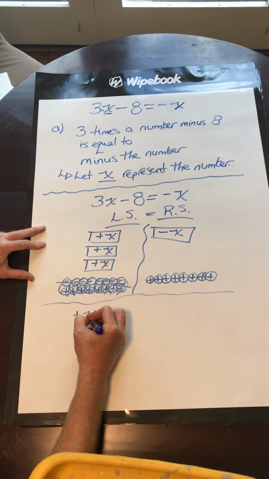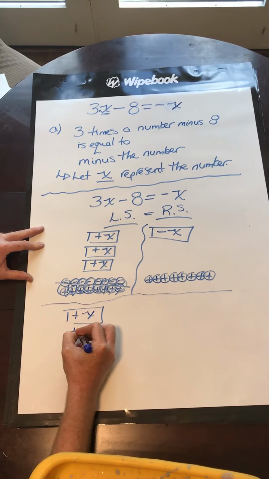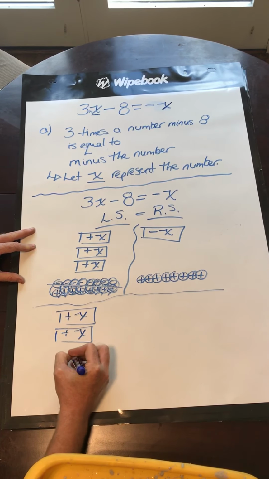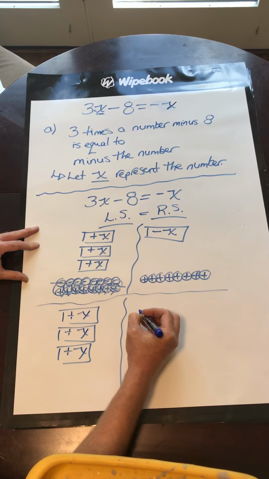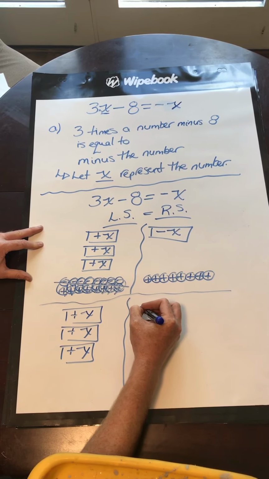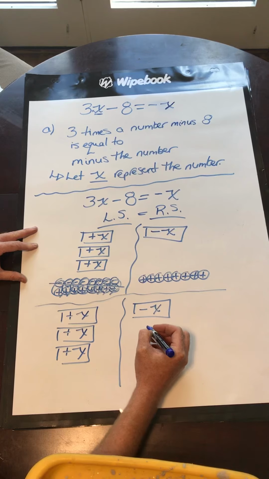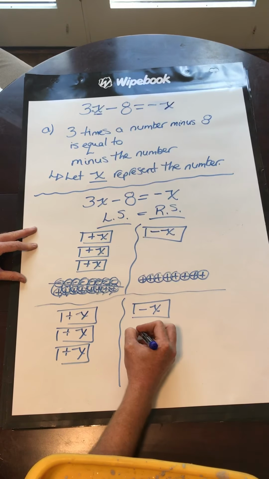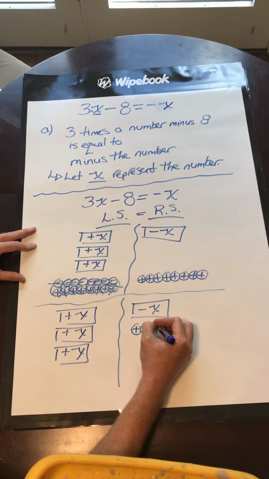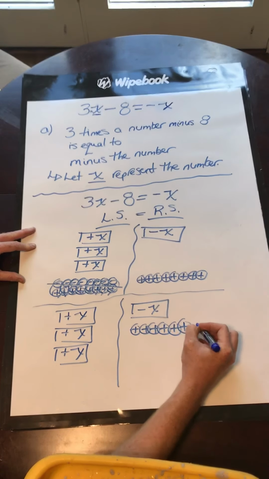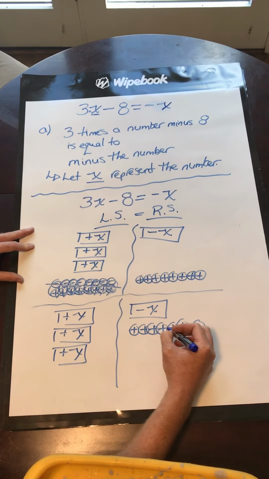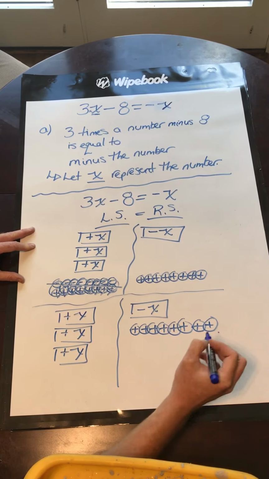And what am I now left with? I have 3 positive x tiles on the left side, and I have 1 negative x tile and 8 positive unit tiles on the right side.